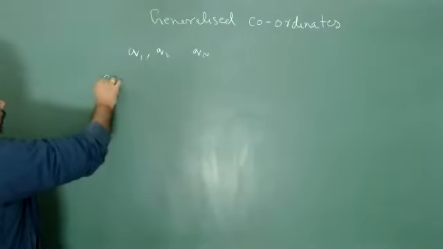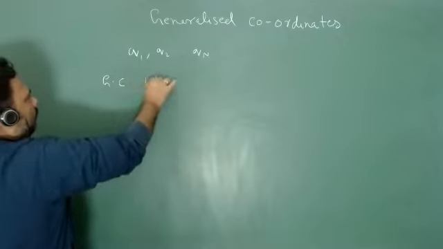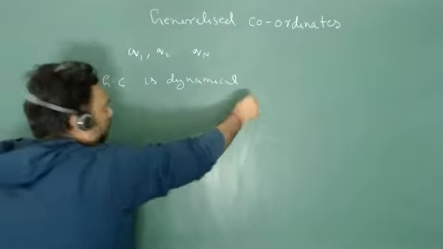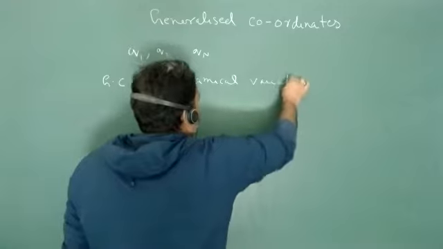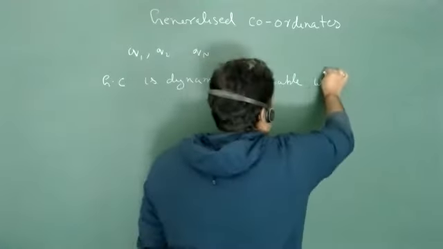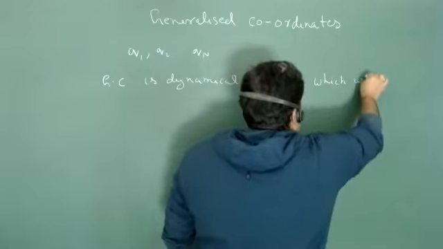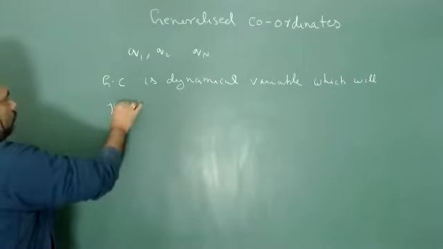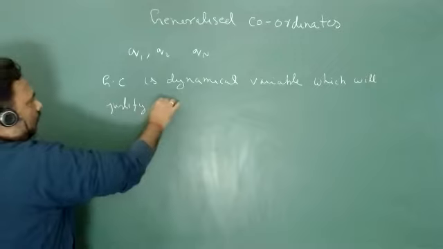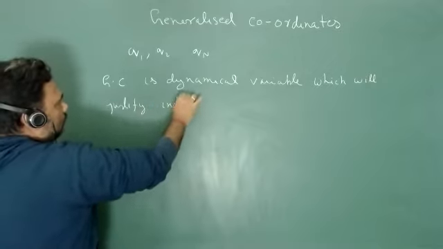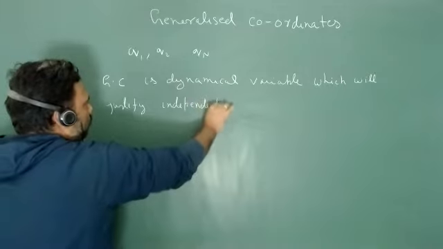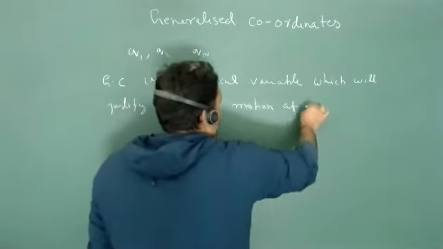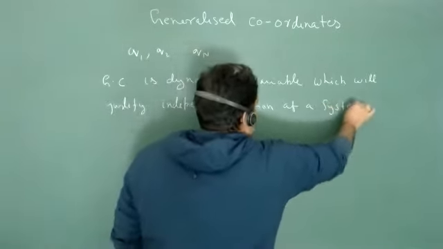Generalized coordinate is a dynamical variable which will justify independent motion of a system uniquely.